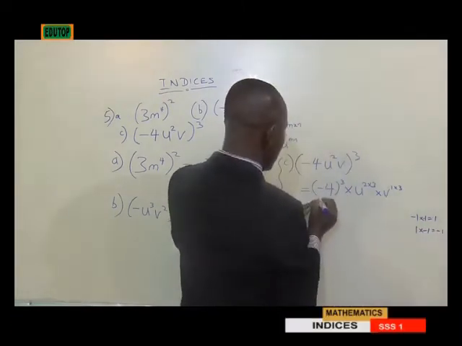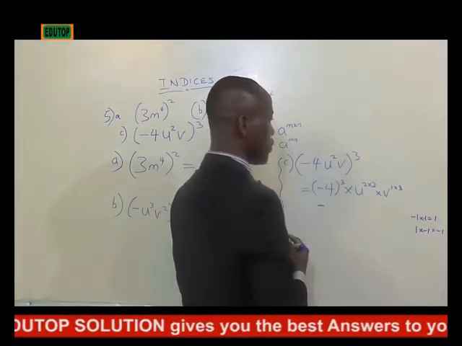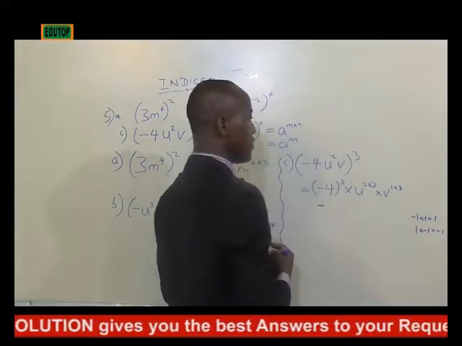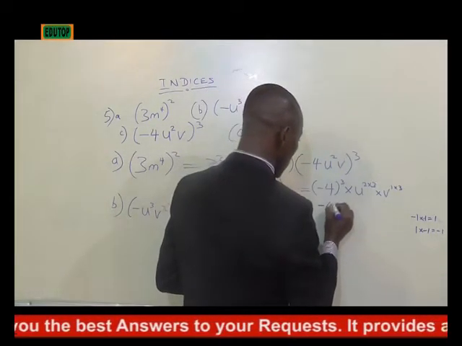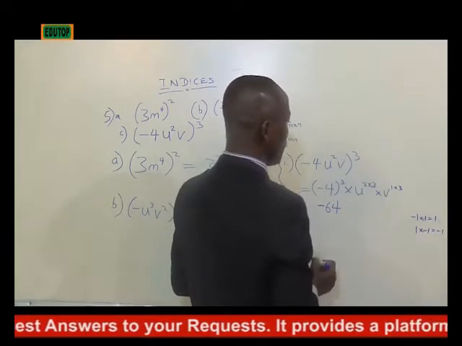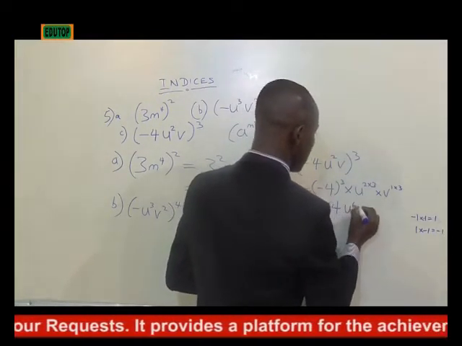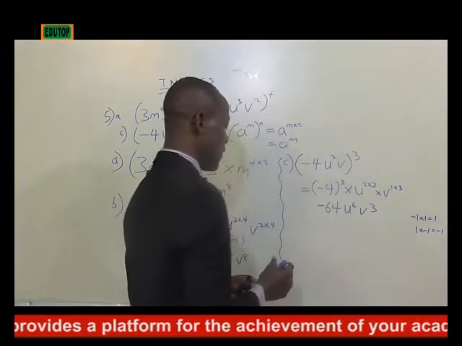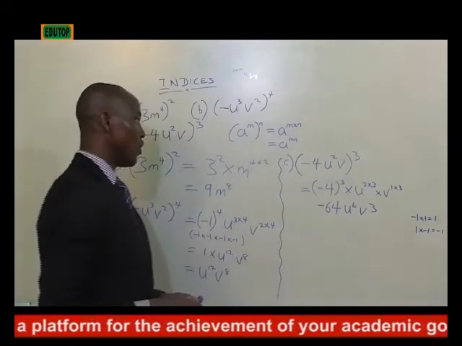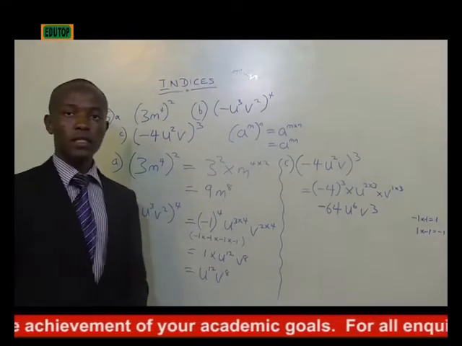So that will be minus 4 raised to power 3. 4 times 4 is 16, times 4 again is 64. That will be minus 64, u raised to power 2 times 3, that will be u raised to power 6, v raised to power 3, which is our final answer for examples under the fifth law of indices.